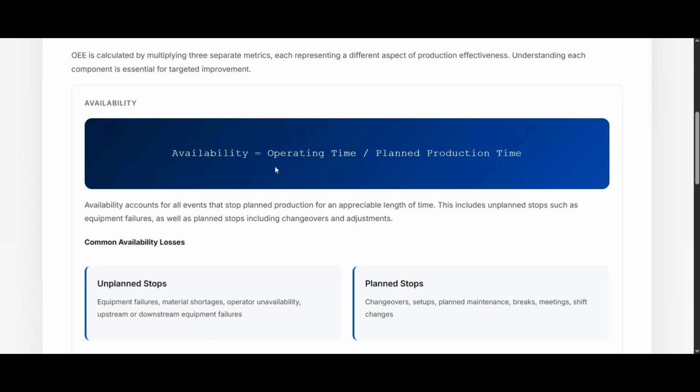So if your equipment was supposed to run for 8 hours, but due to changeovers, breakdowns, or meetings, it only ran for 7, your availability would be 7 divided by 8, or about 87.5%. And availability losses usually come from unplanned stops, like equipment failures, or planned ones, like maintenance and setup.